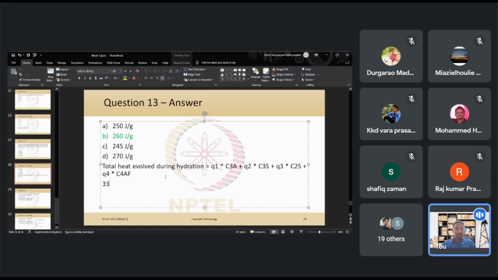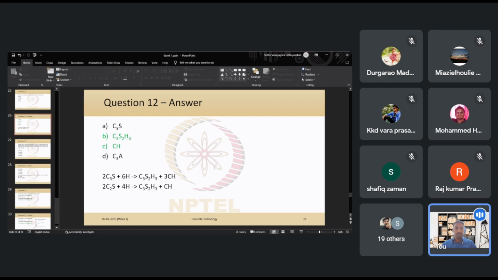So the total heat is 33.4 kilojoules, which is nothing but 33,400 joules. We'll keep everything in joules. For C3A, what is the rate of heat of hydration?